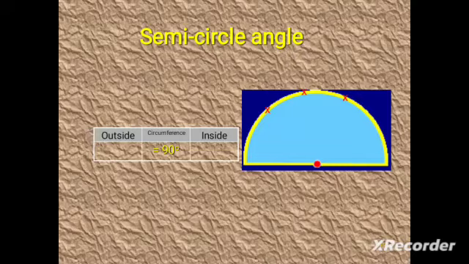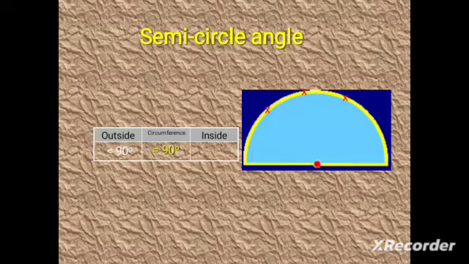So that means that the diameter of a circle subtends an angle of 90 degrees to the circumference of that circle. Again, it also means that the semicircle subtends an angle of 90 degrees to the circumference of the circle.